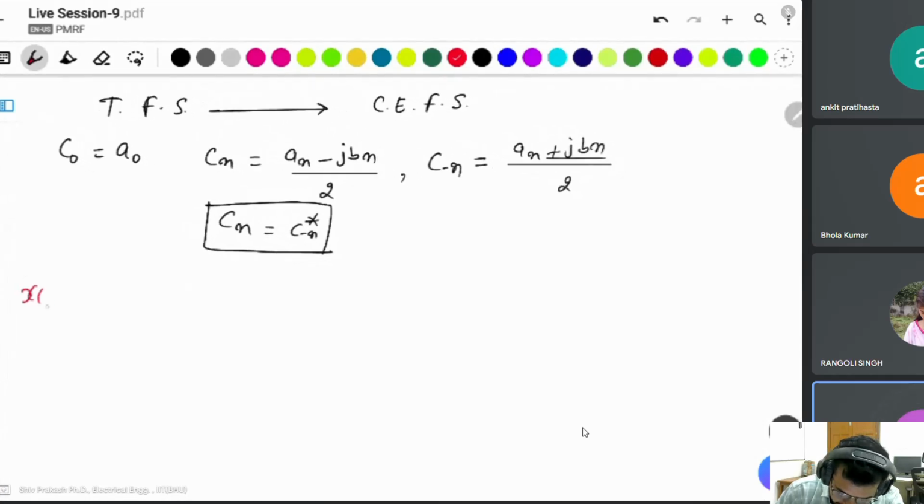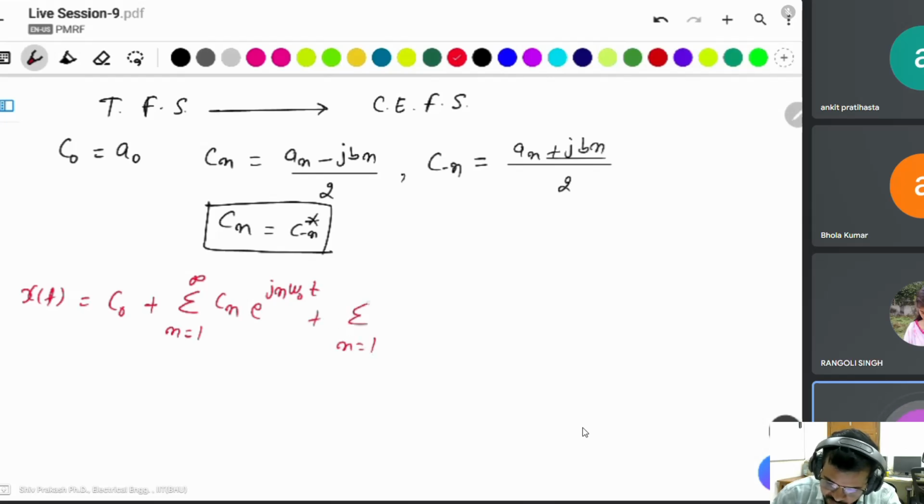Then x(t) will be c naught, where a naught is represented by c naught, plus the summation of n equal to 1 to infinity of cn e^(j n omega naught t), plus the summation of n equal to 1 to infinity of c minus n e^(-j n omega naught t).